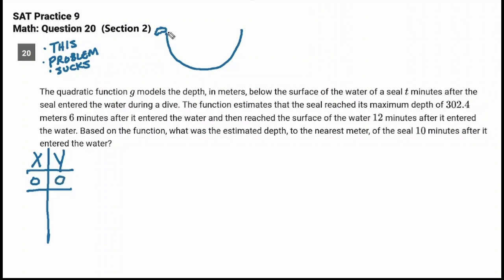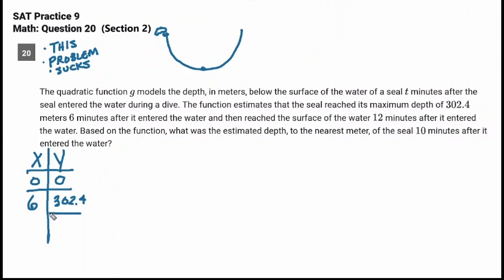That's right here, 0, 0. What's another point that we have? In the middle of the dive, of our little baby seal's dive, how many minutes have elapsed? 6 minutes. And what's the depth? The depth is really negative 302.4, but you can get away with just putting in 302.4 here.